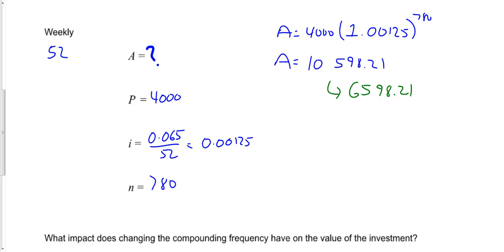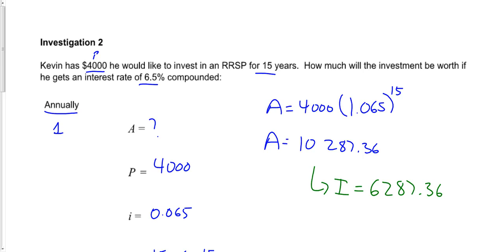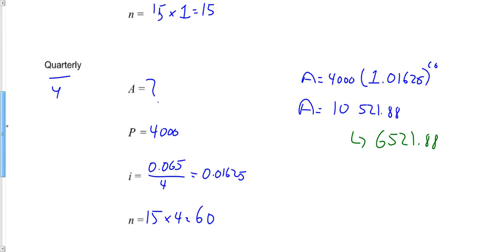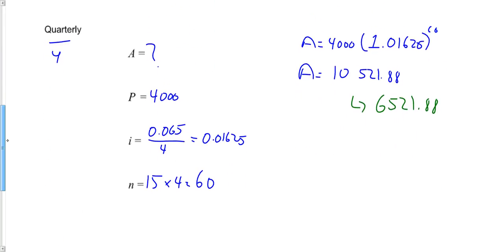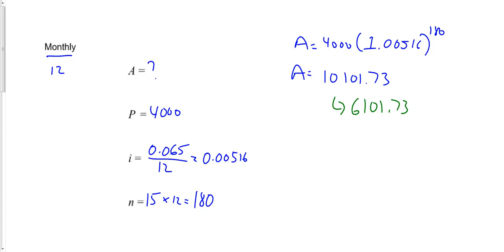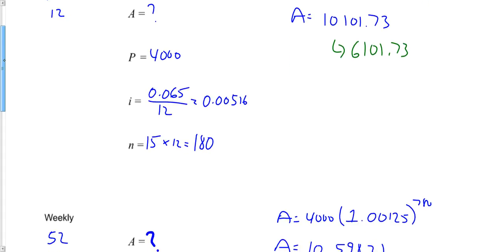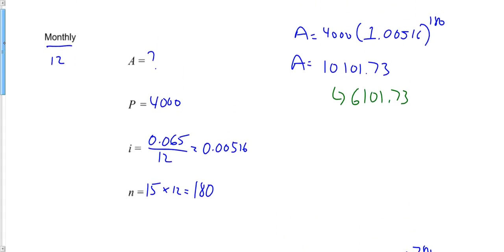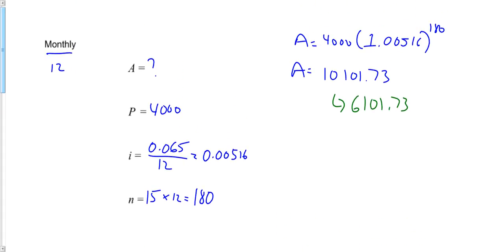If I compare that with previously, you continue to earn more and more interest as you go quarterly. Then as we go monthly, we're doing the same thing. So I just want to quickly verify that I've made this calculation correctly here.